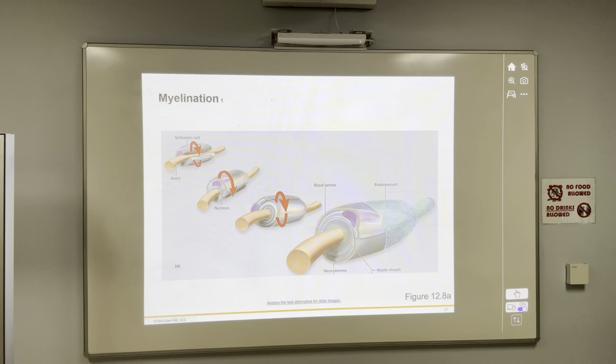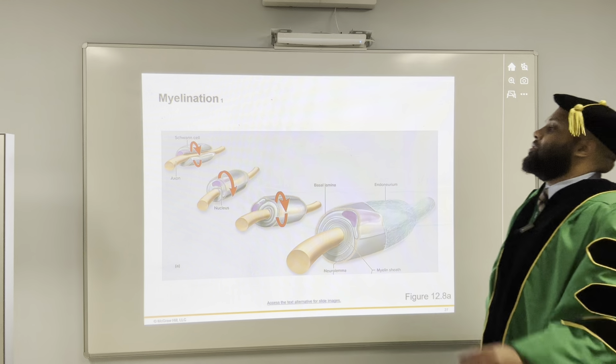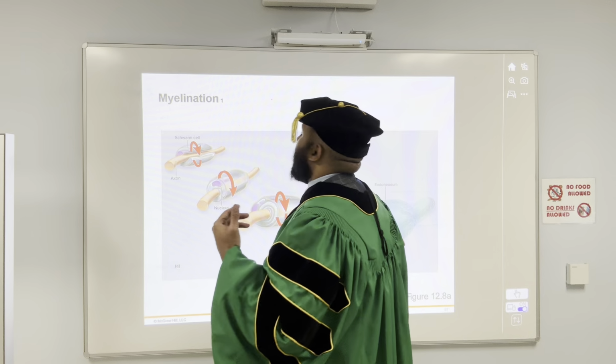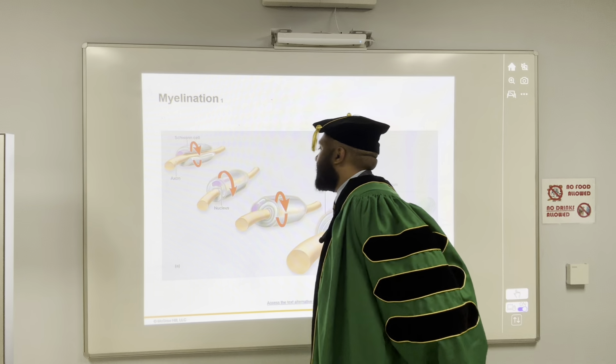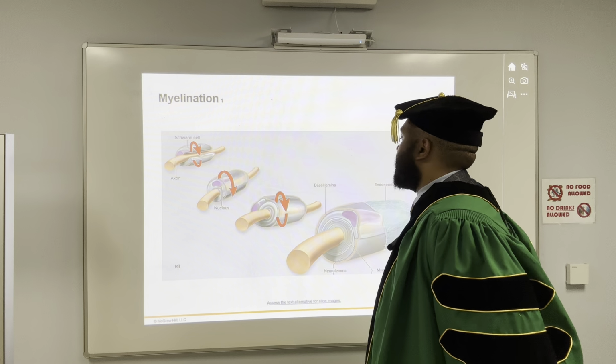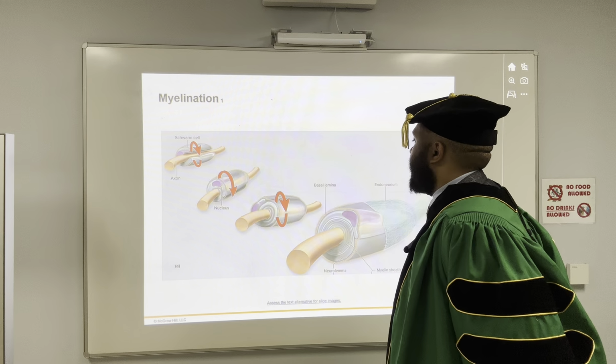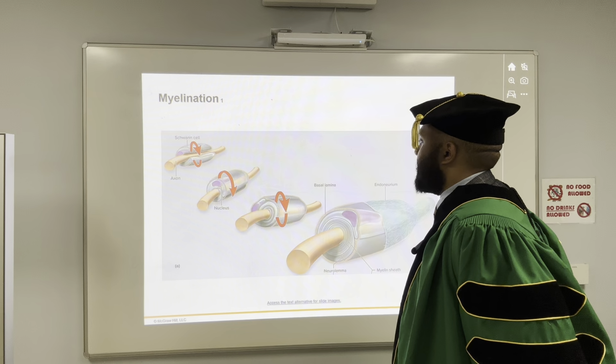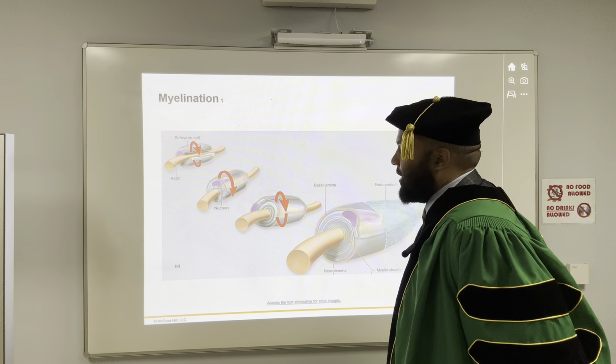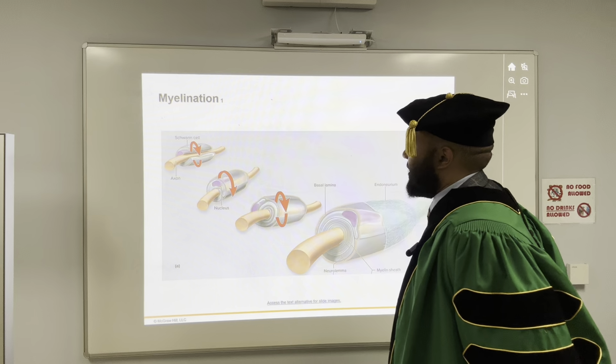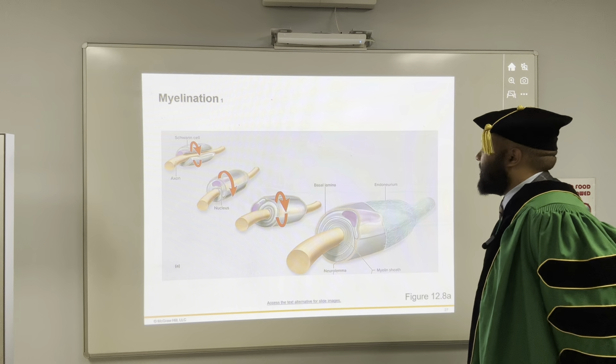There you go, that's the myelination. So myelination takes place: the Schwann cells wrap the myelin around the axons, and the nucleus manages this Schwann cell secretion of the myelin sheath.